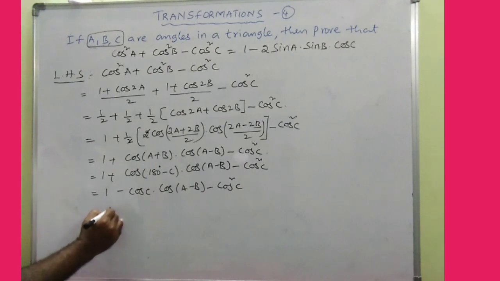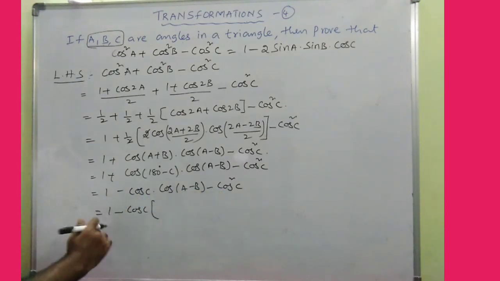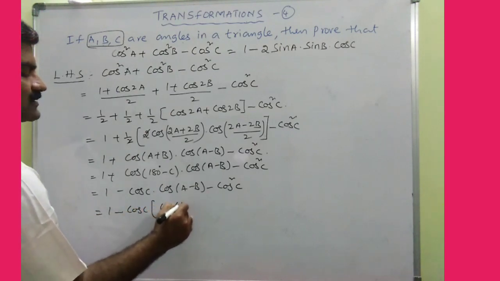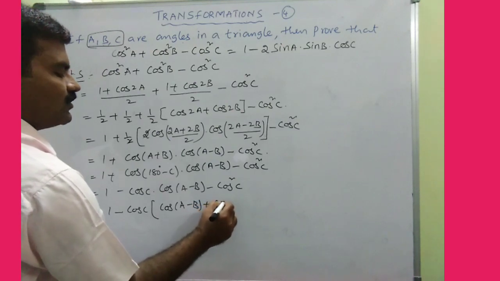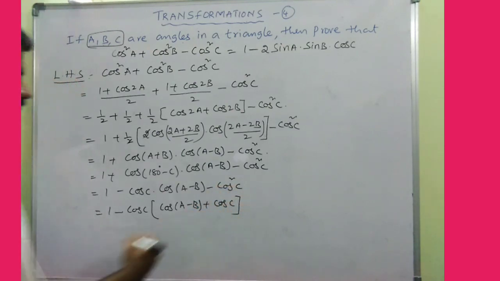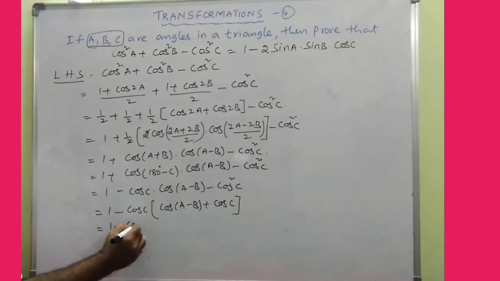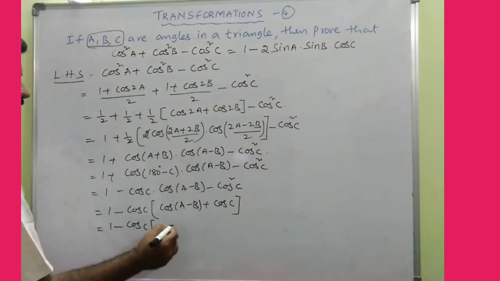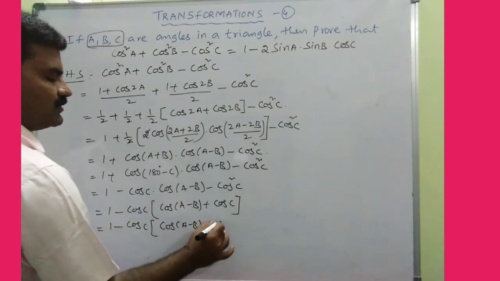Okay, so 1, let us take minus cos C common here, then this is cos of (A minus B) plus cos C, isn't it? So 1 minus cos C into, let it be cos of (A minus B), but what about this C?